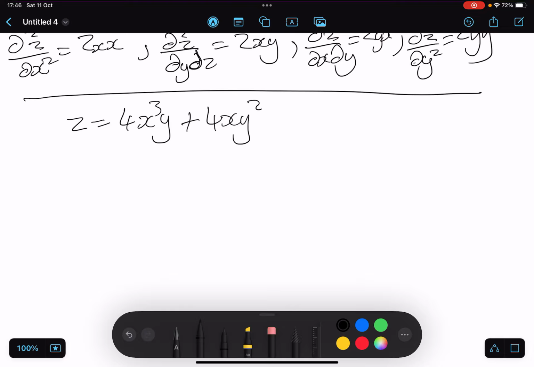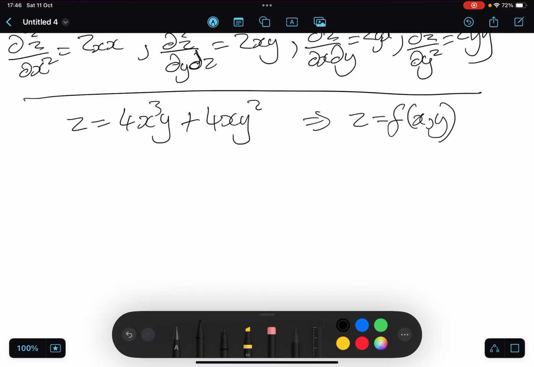So we have this multivariable function. This is obviously z is equal to f of x, y, isn't it? Now here you want to find the first derivative and the second derivative of this one.